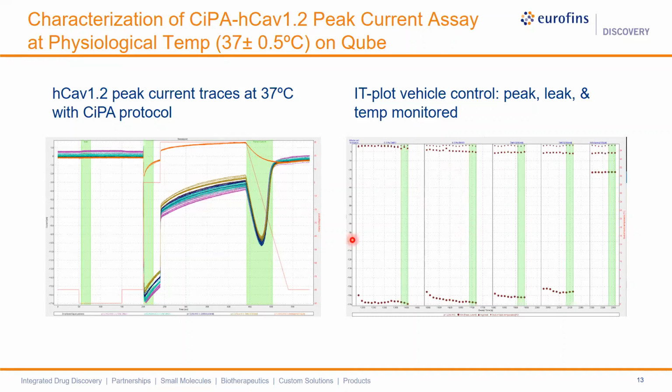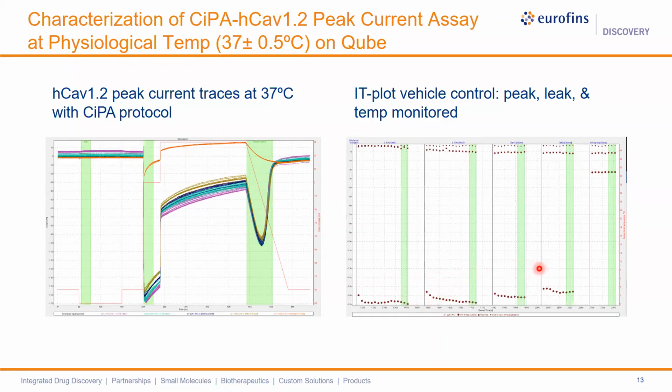But here on the right-hand side, which is control, the peak current, not the tail current, only the peak current and the leak current, as well as the temperature are monitored. So here we are applying 2 vehicle controls of a 5 minute duration. Actually, it's a little bit longer here.